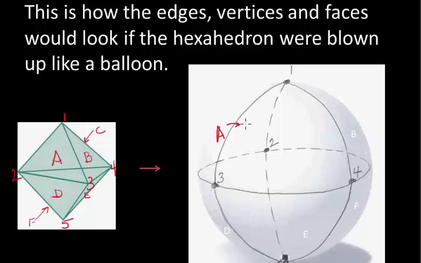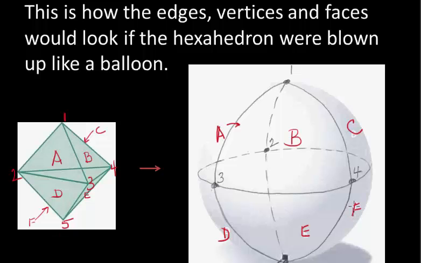So 1, 3, 4 is B. And this one is C. Down here, from 2 to 3 to 5, 2, 3, 5, that's D here. And this front face that we're looking at is 3, 4, 5. And 3, 4, 5 is E. And this will be F.